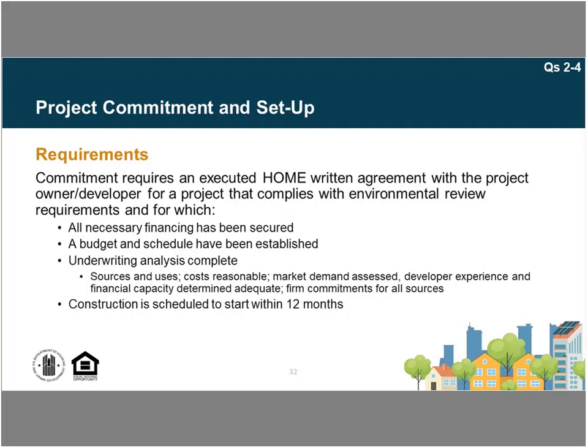A budget and schedule have been established and attached to the agreement so that it clearly identifies the total project budget, but also where the HOME funds have been committed for eligible costs. The underwriting analysis is complete, covering sources and uses, reasonable costs, market demand, the developer's experience and financial capacity, and commitments of all sources. And construction is scheduled to start within 12 months.